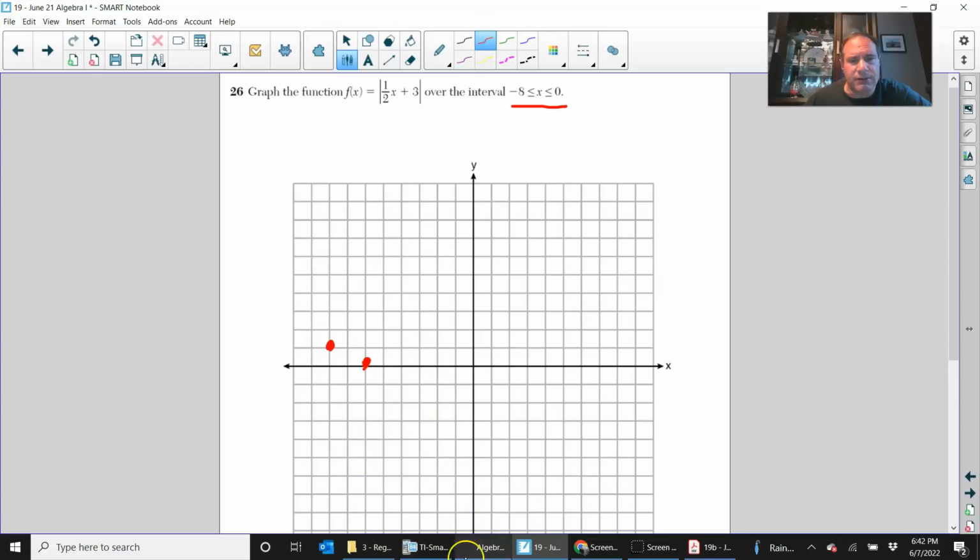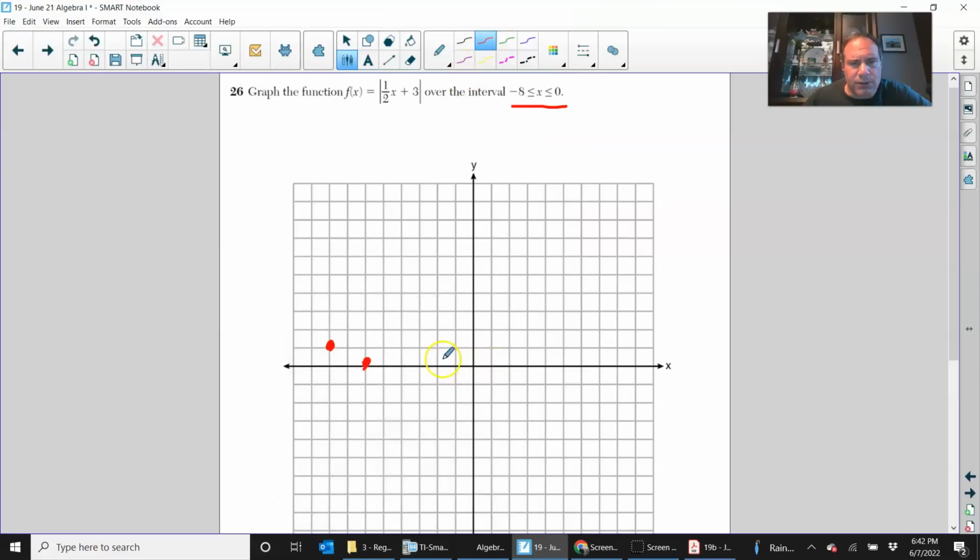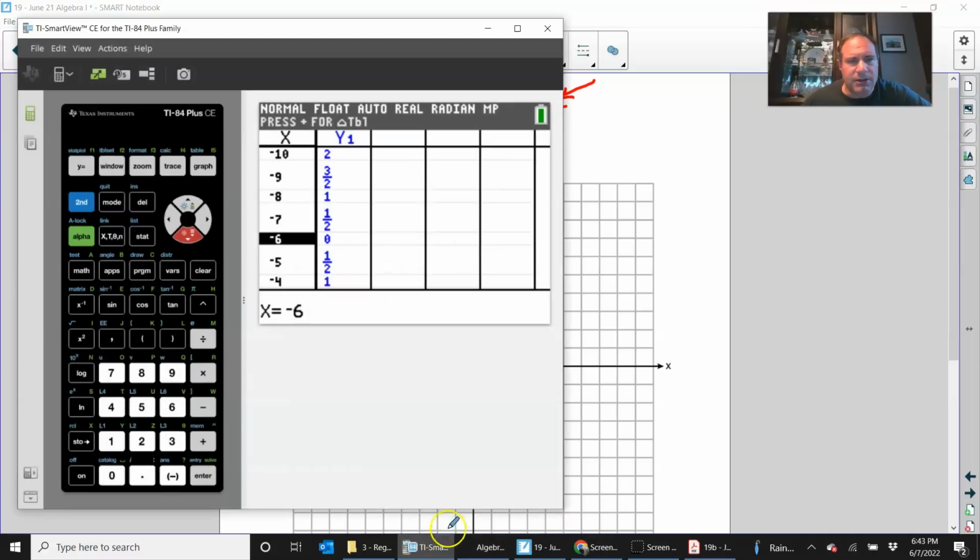Negative 6, 0. I'm going to go to the next one, which is negative 5.5. I'm not going to graph it. Negative 4, 1. I am going to go there. 1, 2, 3, 4, and 1 up. I only have to graph to this 0. X is less than or equal to 0. So that means I'm going to keep on going.